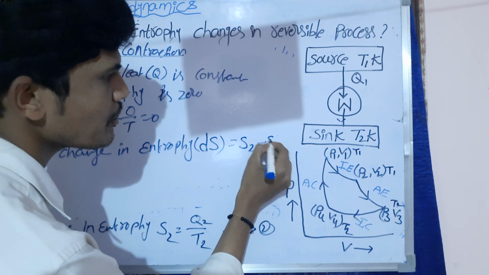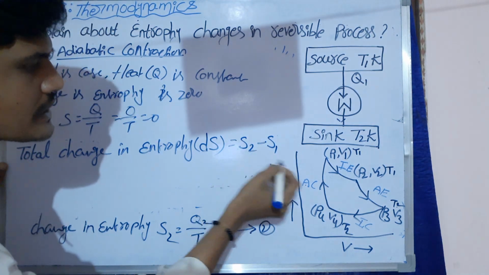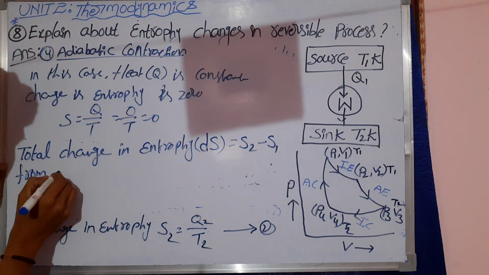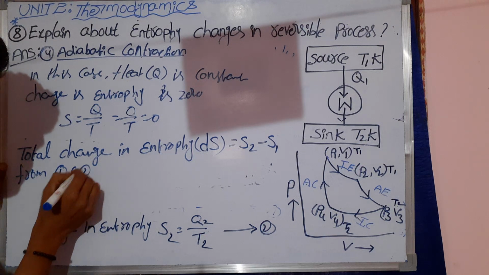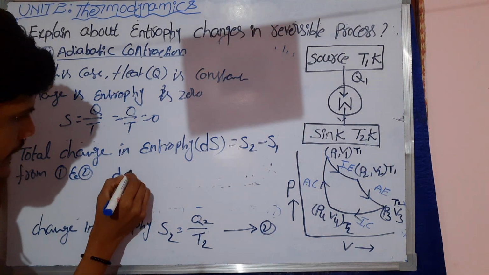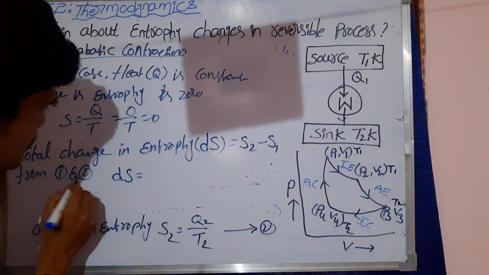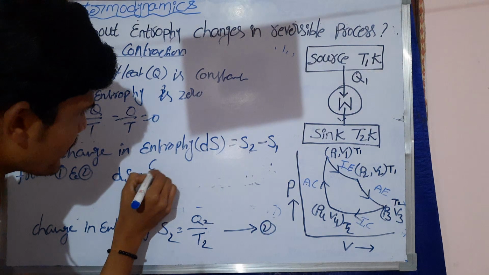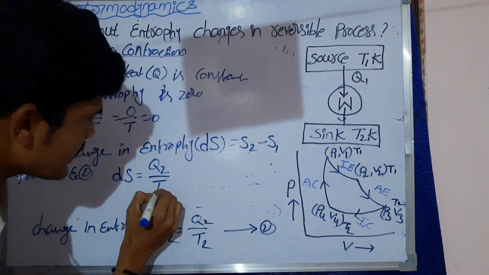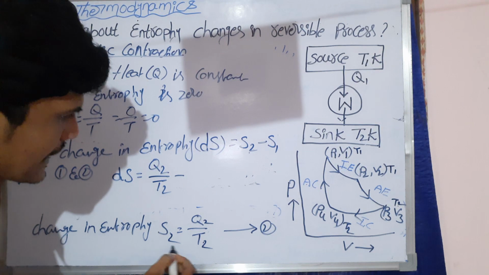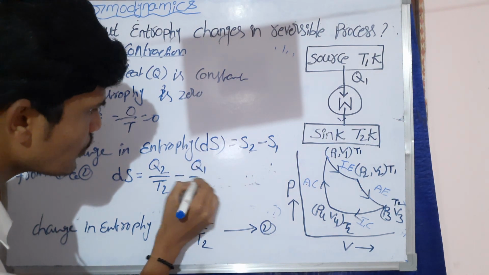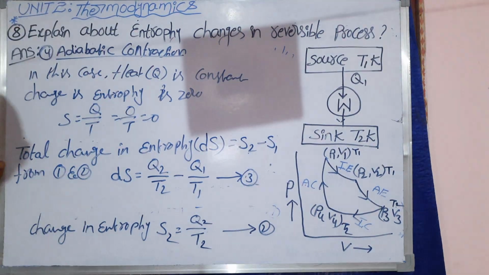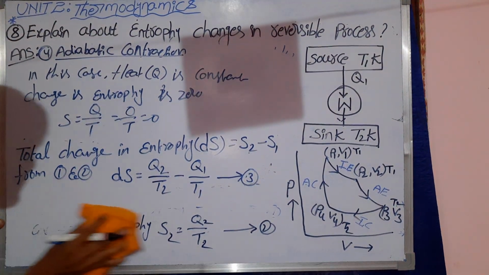The change in entropy means S2 minus S1. So from equations 1 and 2, dS equals S2, which is Q2 by T2, minus S1, which is Q1 by T1. This is equation number 3.